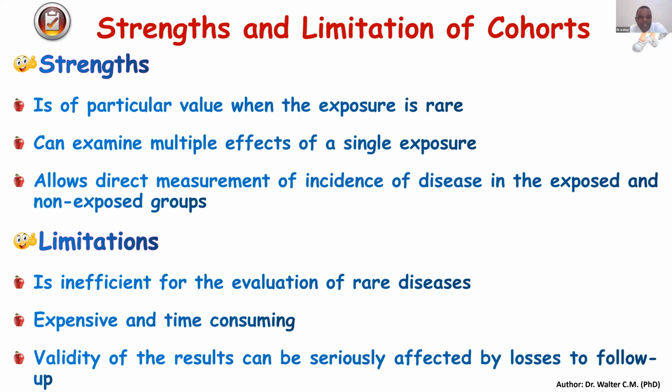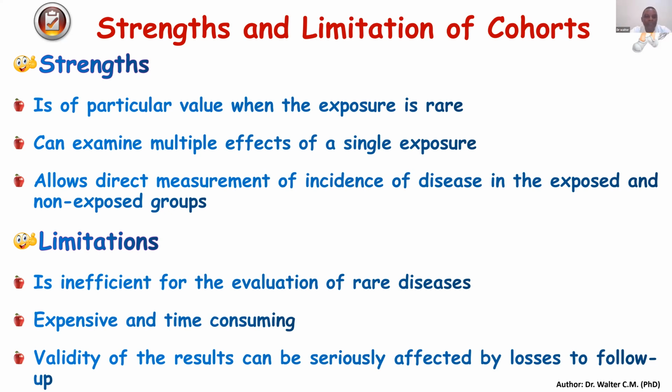But its limitation here is that it needs time and resources. I say time and resources. It is not fit for rare diseases because a cohort needs a number of people, a group.